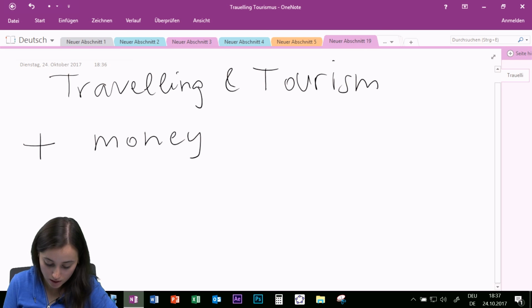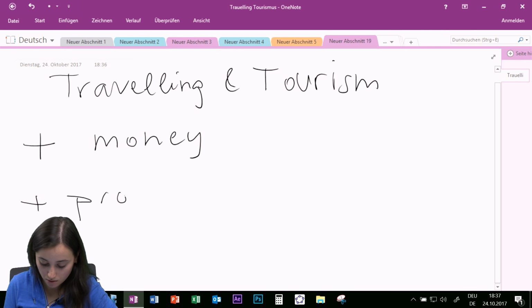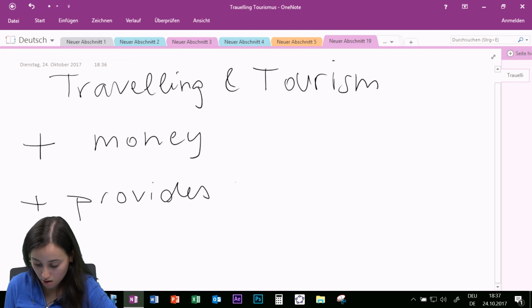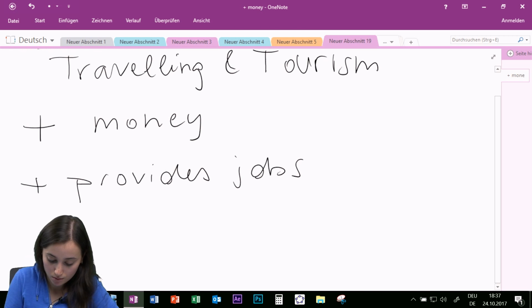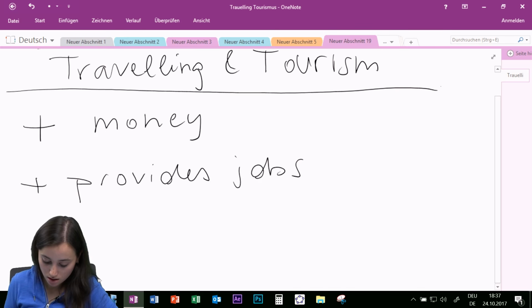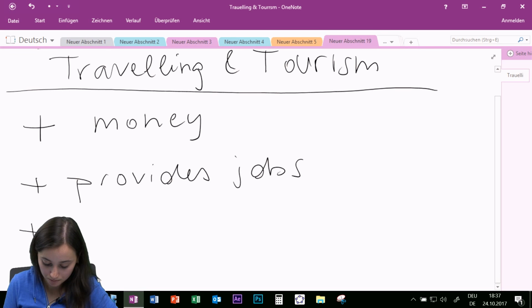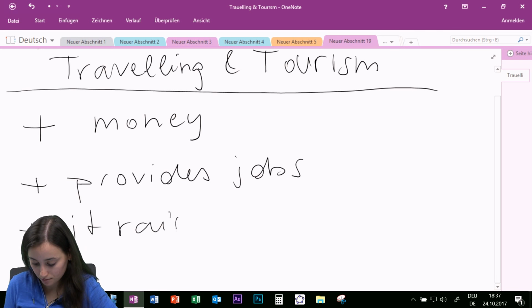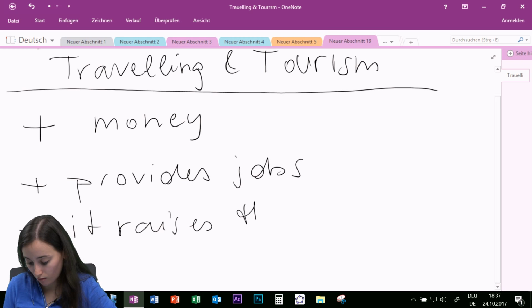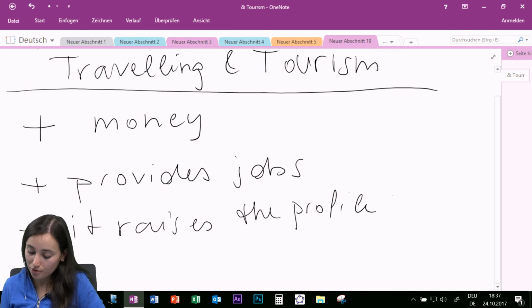Then it provides jobs. I'm going to underline that. It raises the profile of the certain area.